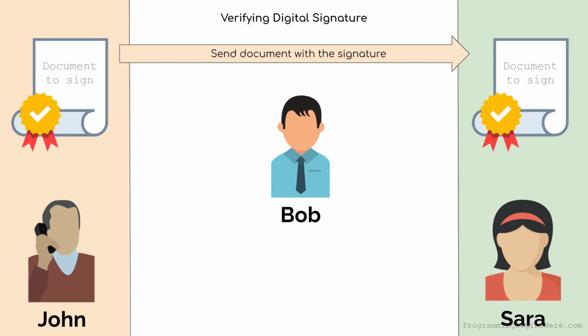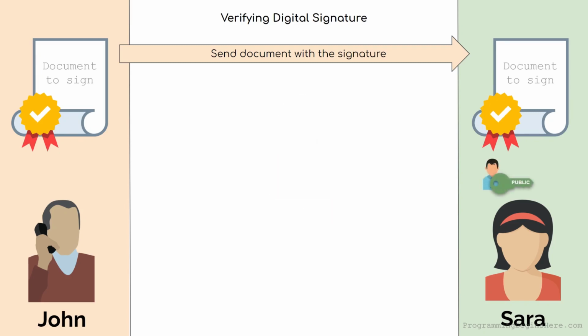That validation would require Sarah to have Bob's public key. Remember that public key is meant to be shared with anybody, so Bob should not have any problem sharing it with Sarah. She also would need to know how to work with the hash functions. Of course, signature validation is also performed by the special software, and in here we are just pretending that Sarah does it manually to better understand how this all works.